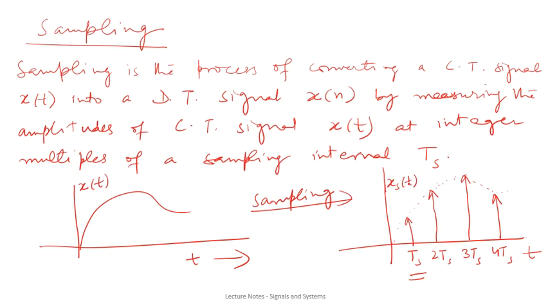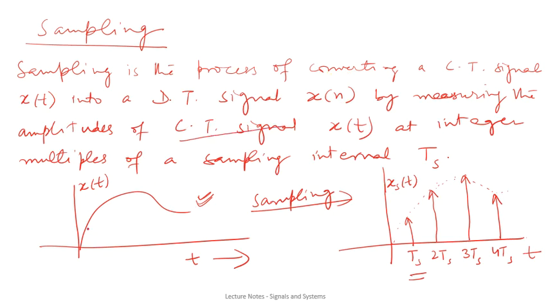So this signal can be represented as the sampled signal x_s(t). Okay, so this is a continuous time signal, and this signal on the right hand side is the sampled version of this continuous time signal. So this is the meaning of sampling, that it converts a continuous time signal into a discrete time signal by measuring the amplitudes of the continuous time signal at integer multiples.